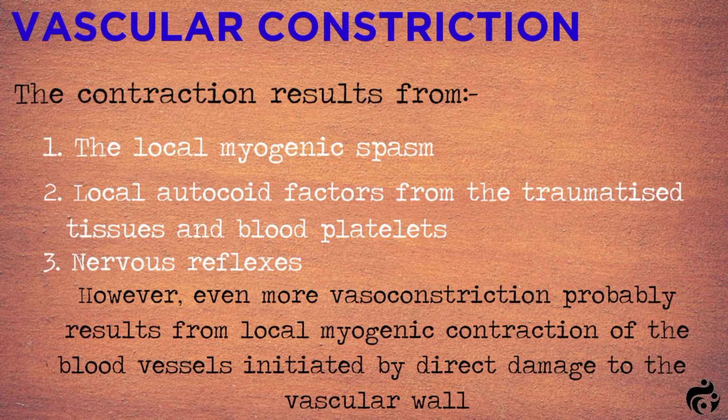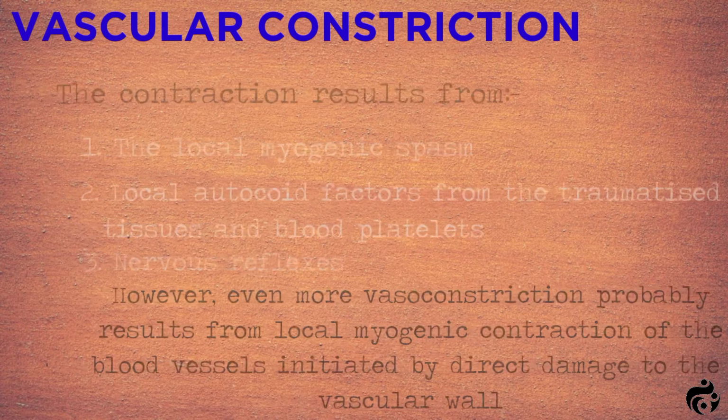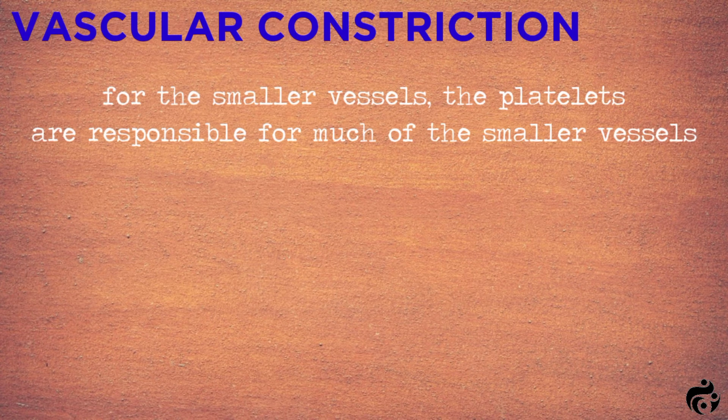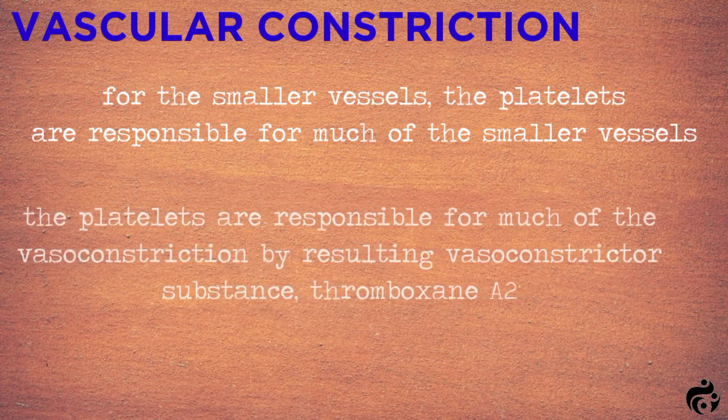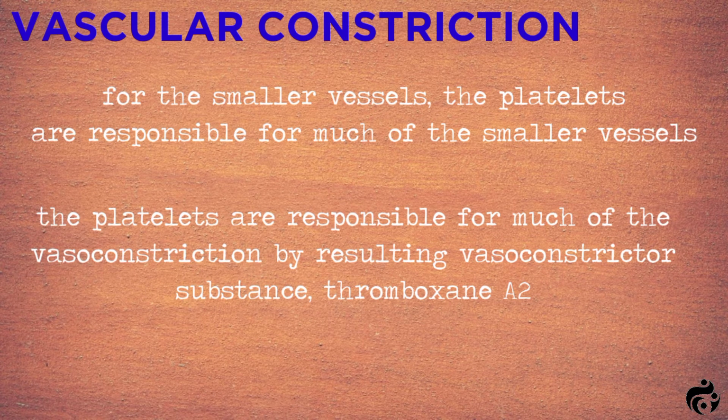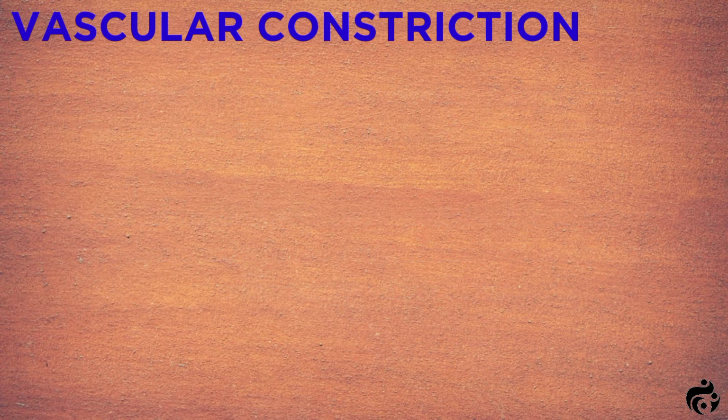However, even more vasoconstriction probably results from local myogenic contraction of the blood vessels initiated by direct damage to the vascular wall. And for the smaller vessels, the platelets are responsible for much of the vasoconstriction by releasing a vasoconstrictor substance, that is thromboxane A2.